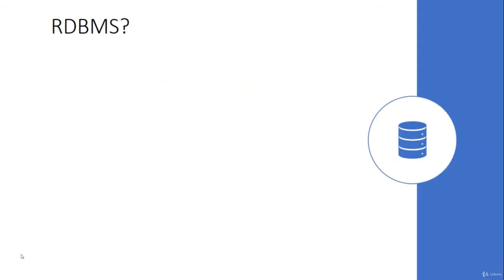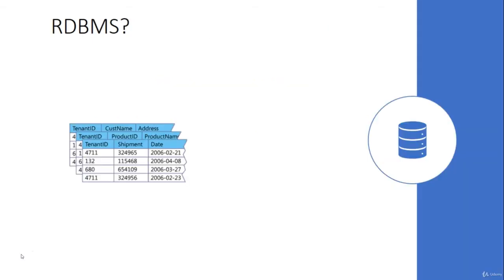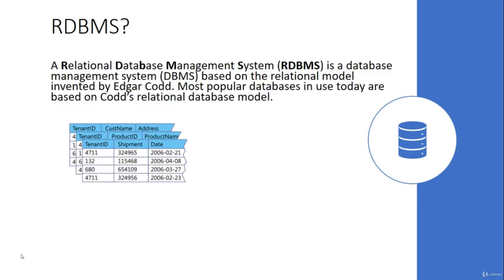So what is RDBMS? Whenever you talk about RDBMS, the first thing that comes into our mind is tables and relationship between tables. A relational database management system is a database management system based on the relational model invented by Edgar Codd.